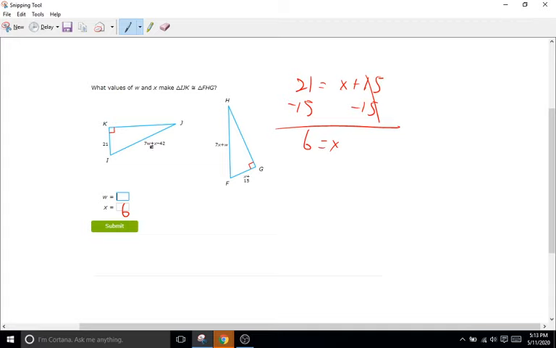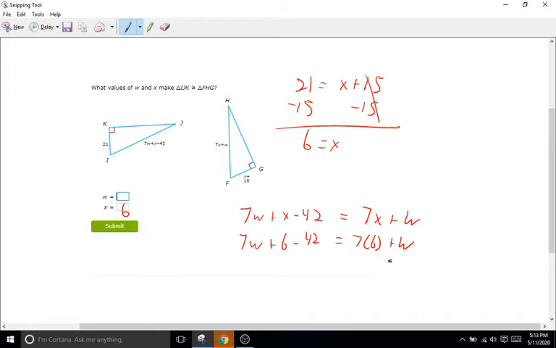Okay. And then we can plug 6 into there. So we'll do 7w plus x minus 42 equals 7x plus w. Now we'll plug in the 6, so that turns into 7w plus 6 minus 42 equals 7 times 6 plus w. And let's see, I will combine like terms.